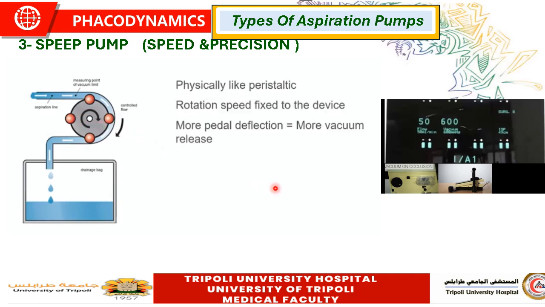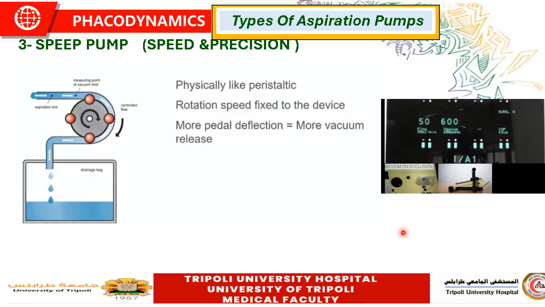Once you occlude the tip, the vacuum will very rapidly reach the preset value, as you can see in these animations, where we set the vacuum at 600 and the aspiration flow rate at 50. You will see that once we step down on the foot pedal, the flow rate will immediately rise and the vacuum will rise.